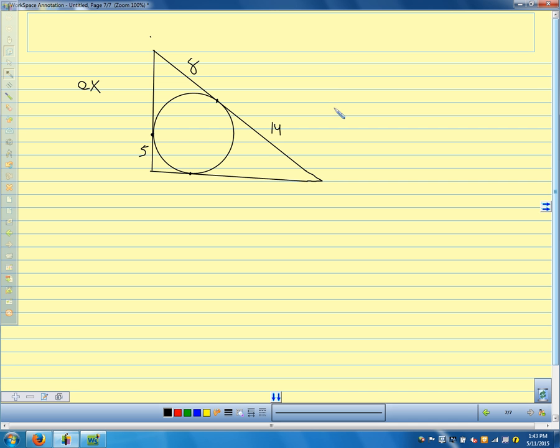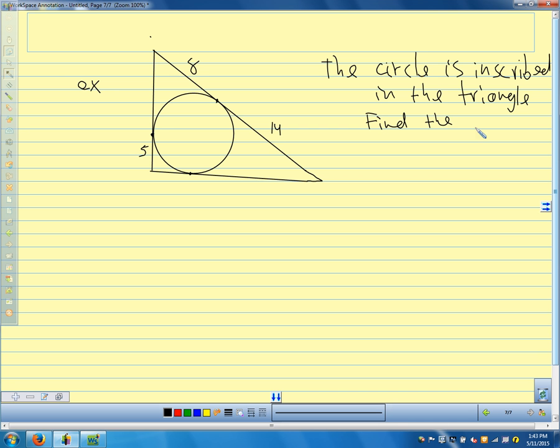And we know that the circle is inscribed in the triangle. And the problem is, find the perimeter of the triangle.